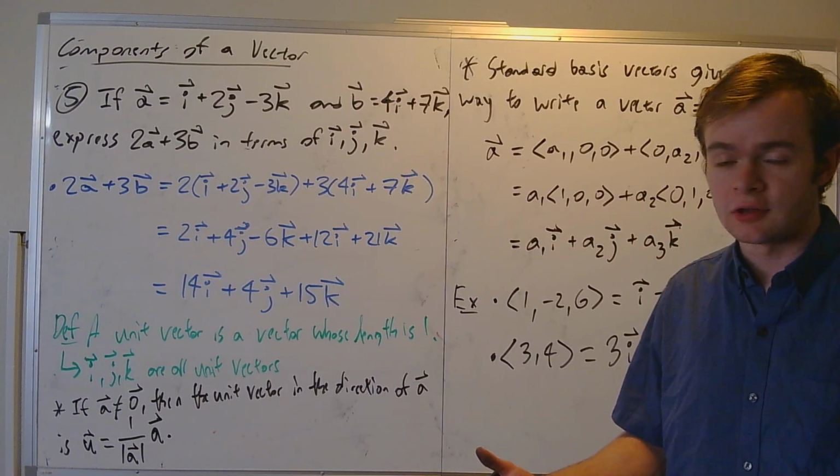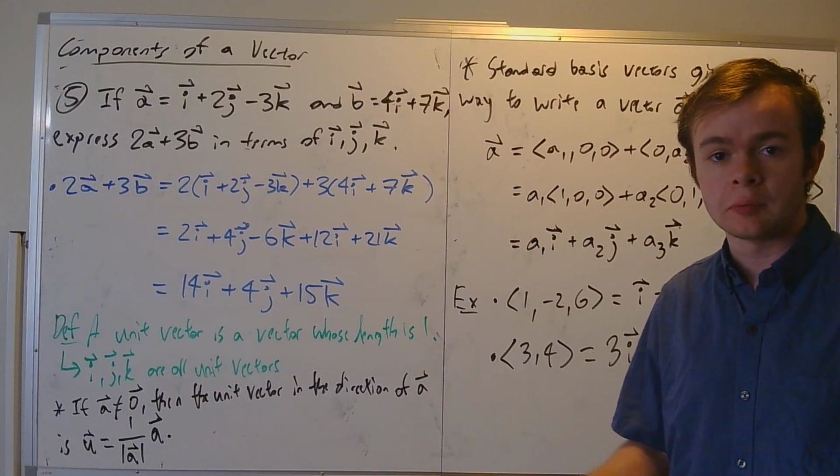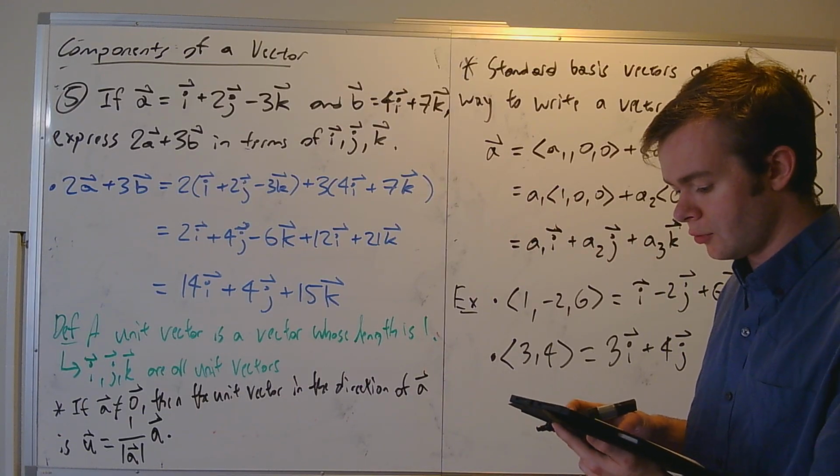And magnitude is the same thing as length. So whenever you do that operation, you're going to get a vector of length 1.